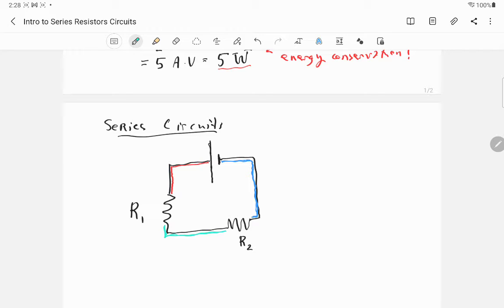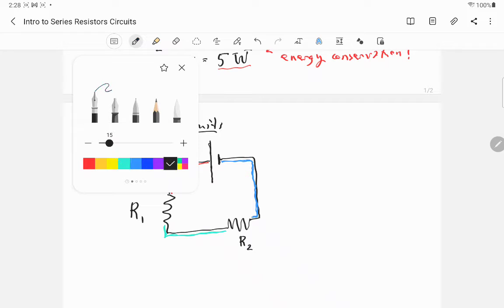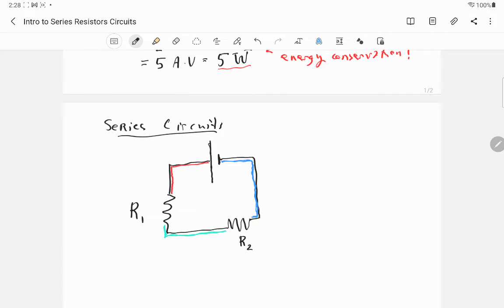So anyhow, let's put in some values. Let's say that the voltage is again a 10-volt battery, right? The battery's positive side is over here on the left-hand side. And actually, I'm going to ask you to just remember that that's how the battery is oriented.